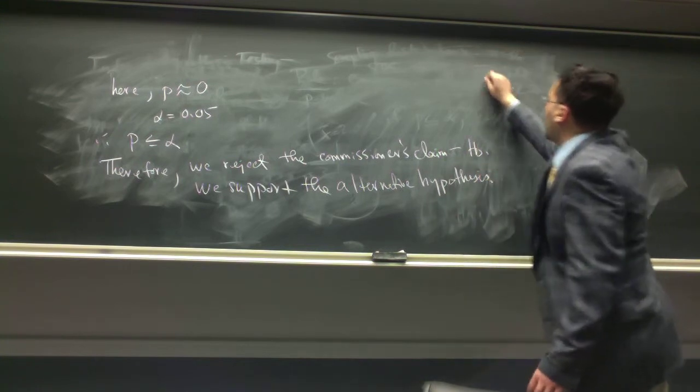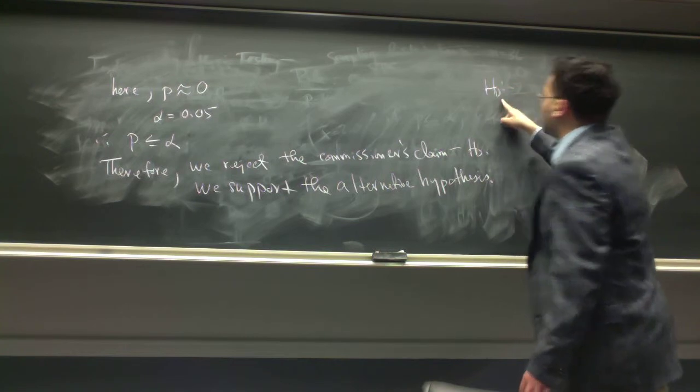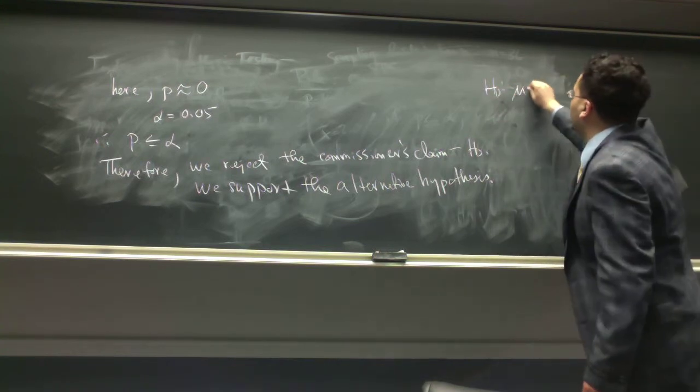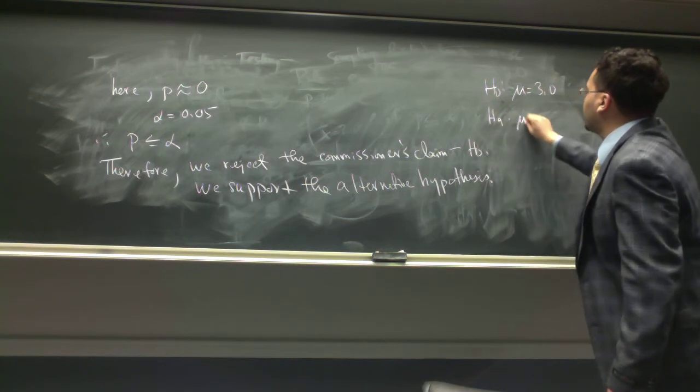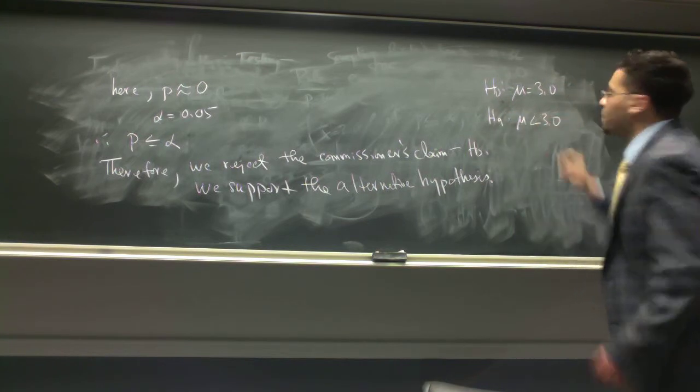If you recall the set of hypotheses, we had a null hypothesis of mu equals 3.0, and an alternative hypothesis of mu less than 3.0.